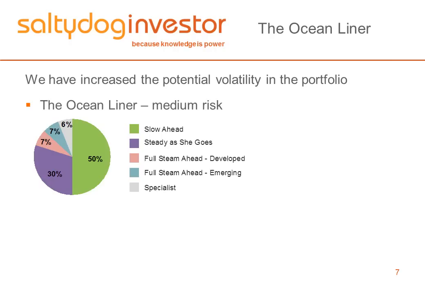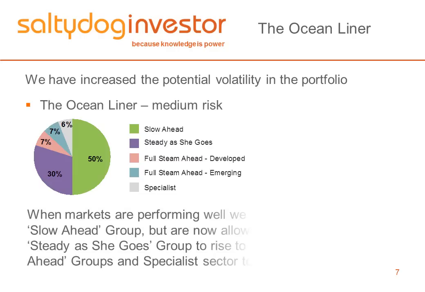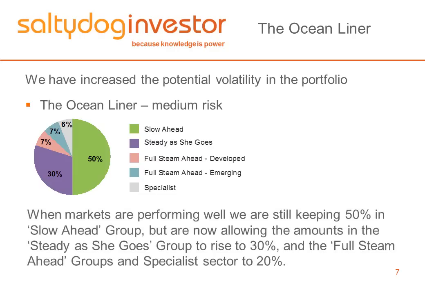Again, we are showing it at its most aggressive, where it has 50% invested in the slow ahead group, 30% in the steady as she goes group, and 20% split across the full steam ahead groups and the specialist sector. When markets are performing well, we are still keeping 50% in the slow ahead group, but are now allowing the amounts in the steady as she goes group to rise to 30% and the full steam ahead groups and specialist sector to 20%.